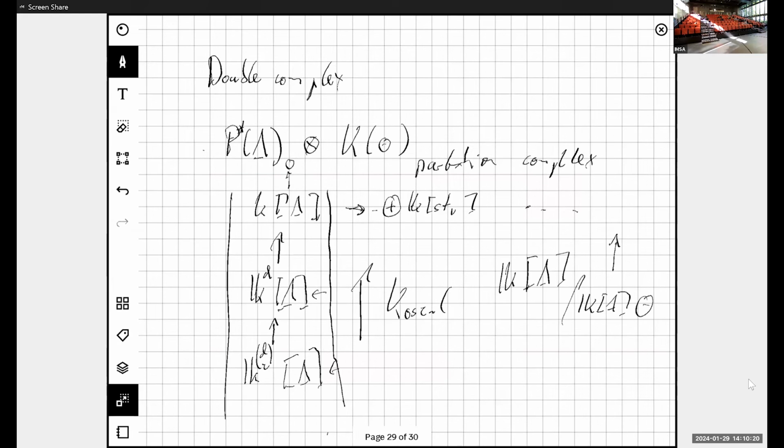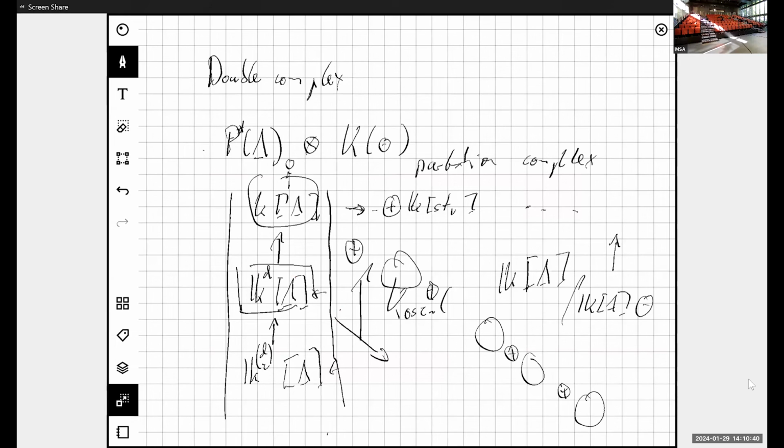You have this big array, and you group this entry and this entry and this entry and this entry. You take the direct sum of this. And then you also have the direct sum over, let's say, these objects, encompassed by a rectangle. Again, you have them on a diagonal.